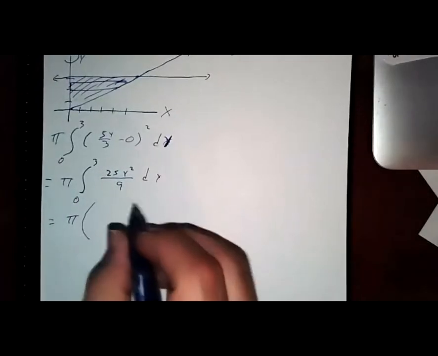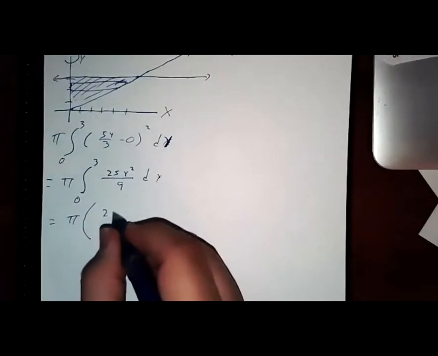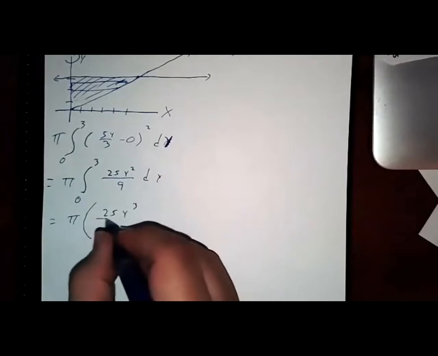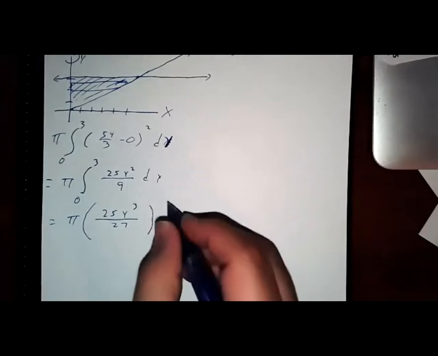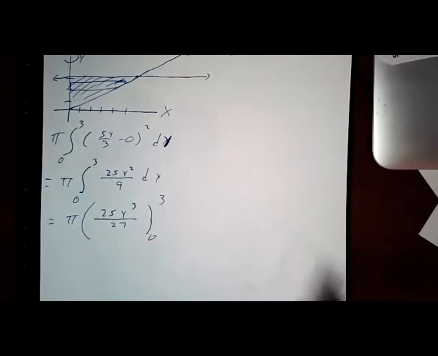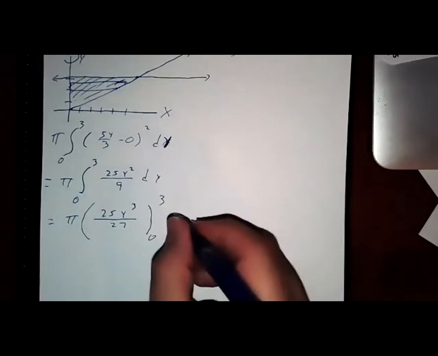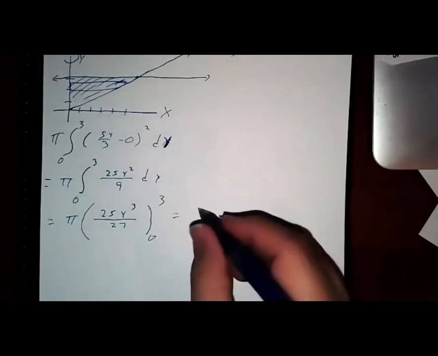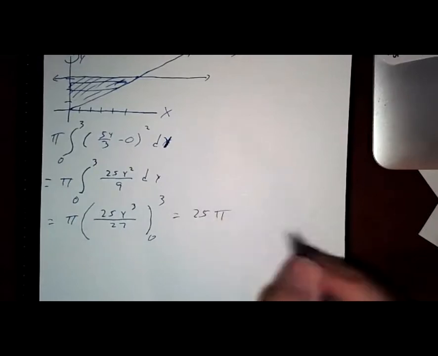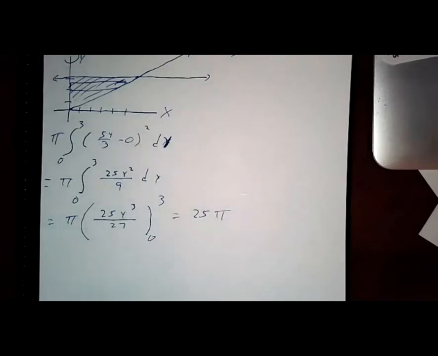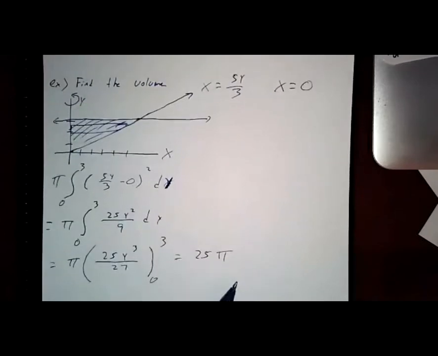That will be 25y cubed over 27 from 0 to 3. This should give us about 25 pi. So not too bad, right? So far. Not too bad.